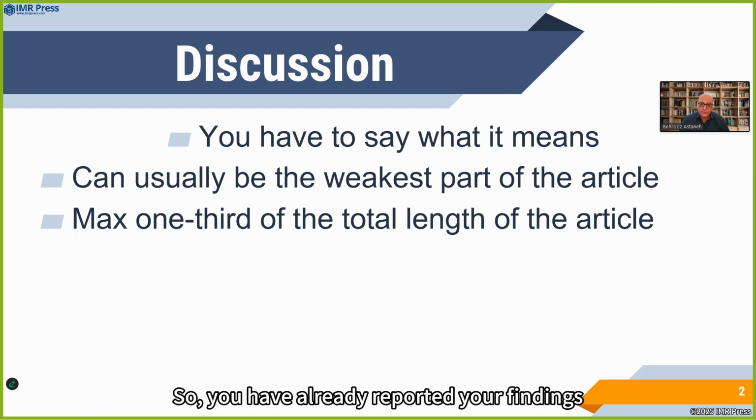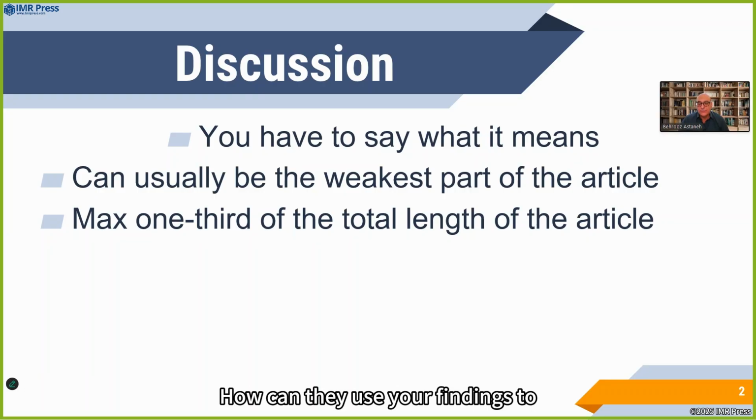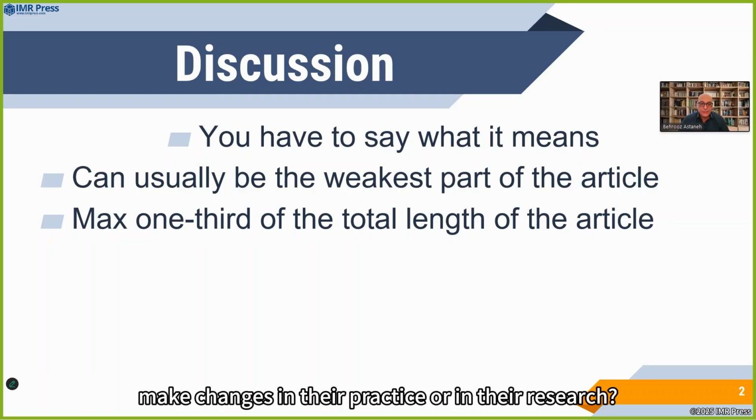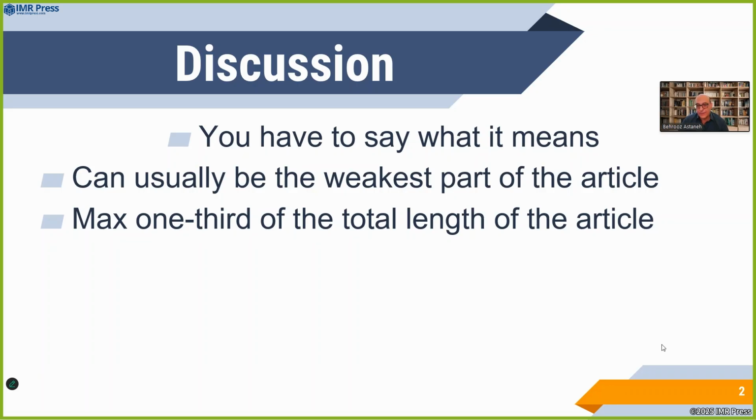So you have already reported your findings in the results section, and now you need to explain to readers what the meaning of these findings is, so how they can use your findings to make changes in their practice or in their research.